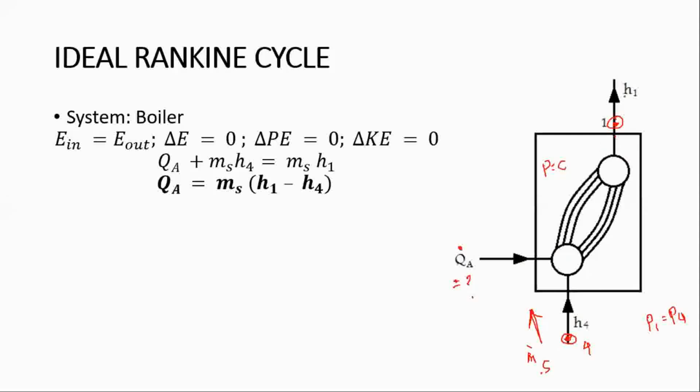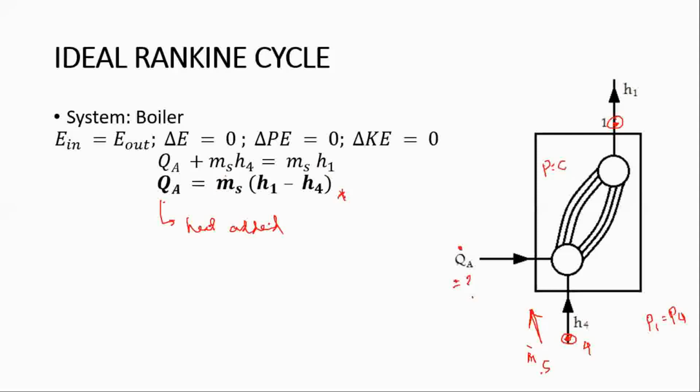Ang lumabas naman is enthalpy at point 1. So, we have QA plus ms h4 is equal to ms h1. Finally, transpose natin: QA is equal to ms times (h1 minus h4). So, ito yung ating formula for heat added or heat gain for the cycle.